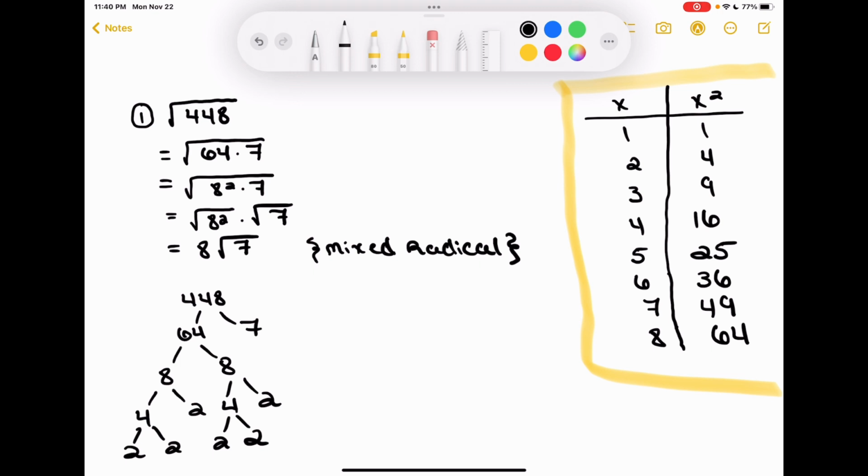So that's breaking it into all its factors until they're all prime numbers, the prime factors of 448. Now, if we're square rooting, that means we have to have two equal groups of the prime factors. I'll repeat that. We need two equal groups of the prime factors.